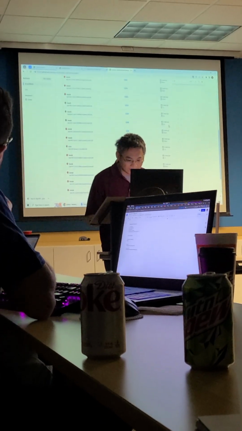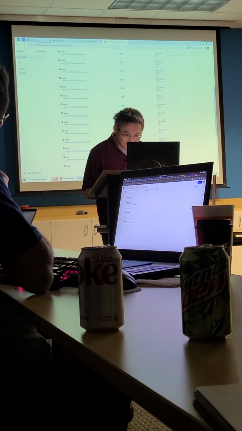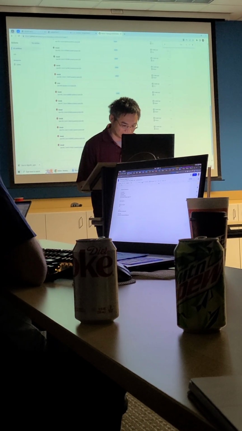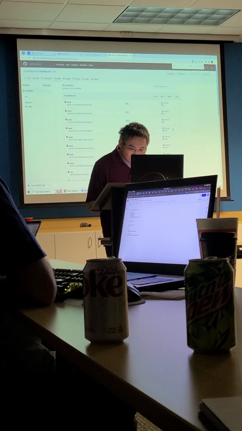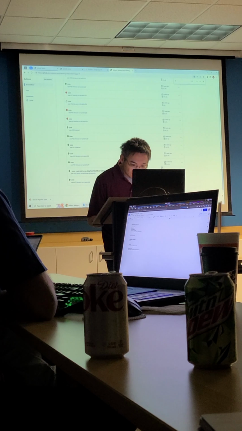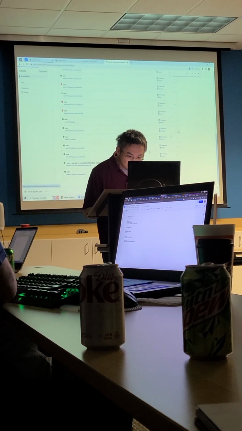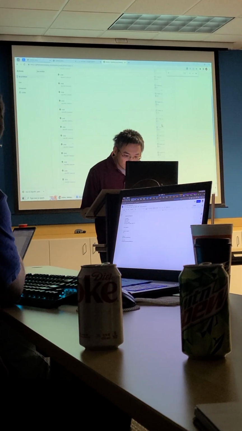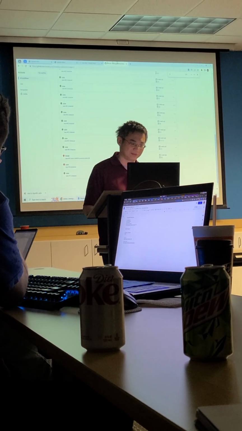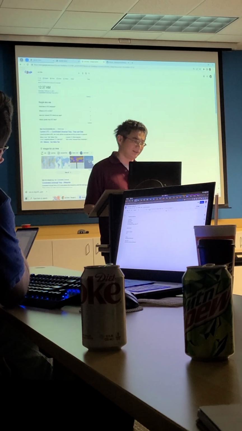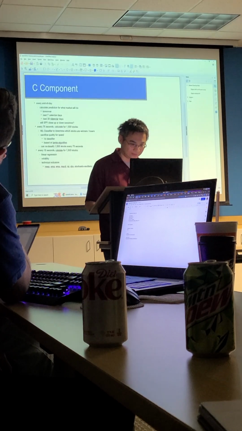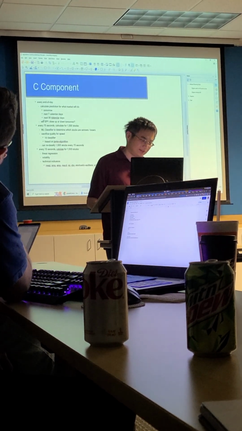This is a cron job that runs every hour, and when it hits a certain time, it fires off the thing that does it. I don't want to waste too much time, but basically the system is highly automated, including end of day calculations and everything.